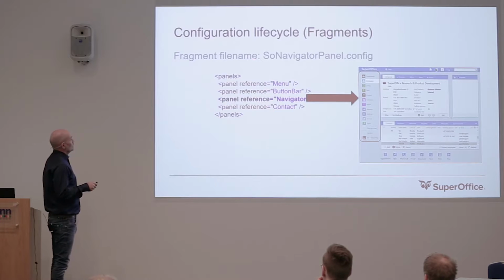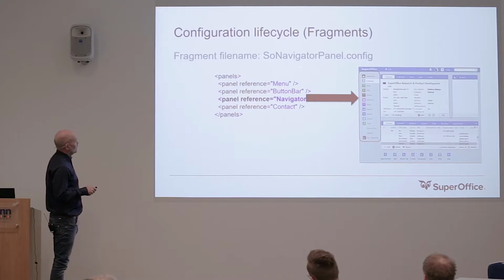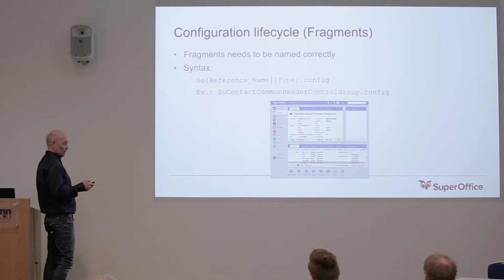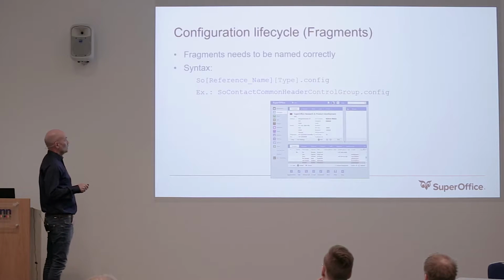So the physical file will be like this. The content of that file will then be expanded to the content of this file. And the convention here is that you have the name and you have the type.